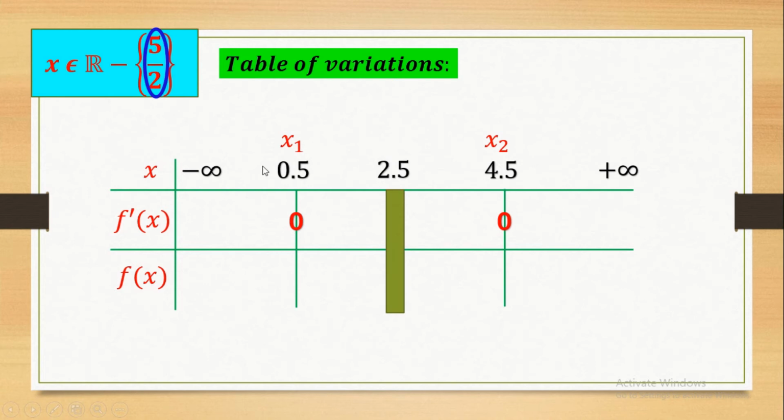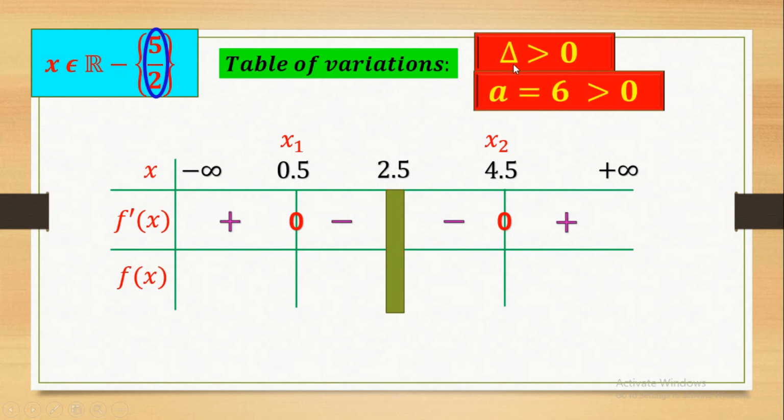Before completing, we should know something. To write the main values for x, we should write them from the least to the greatest one. So minus infinity, then 0.5, 2.5, 4.5, and plus infinity. We write them in increasing order. Now, as we have just said that delta prime is positive, we have a equal to 6, positive.